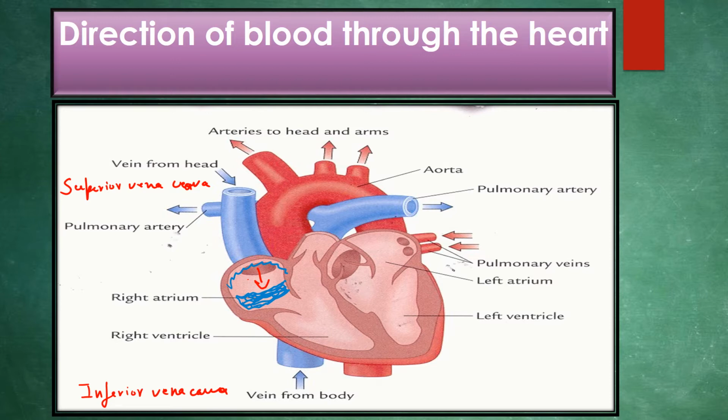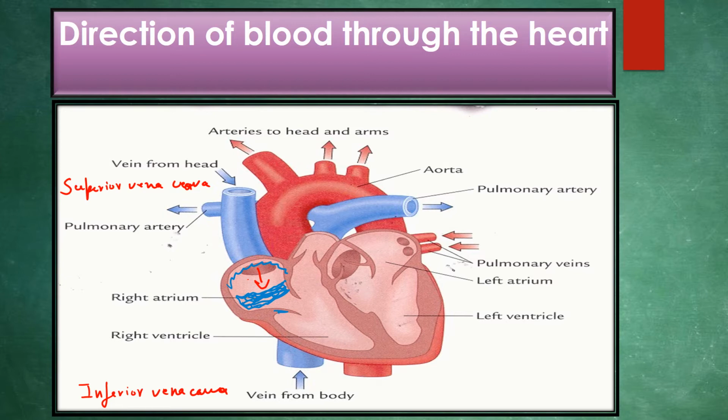Due to the rise in pressure in the right atrium, it leads to the opening of the valve known as the tricuspid valve, and this valve is situated between the right atrium and right ventricle.